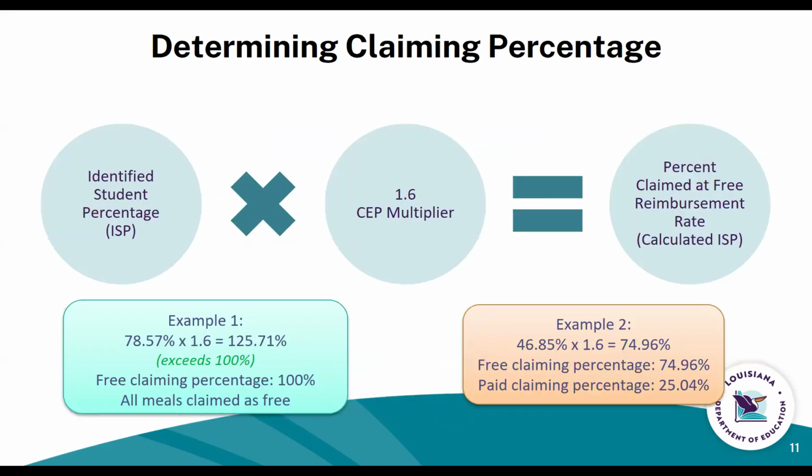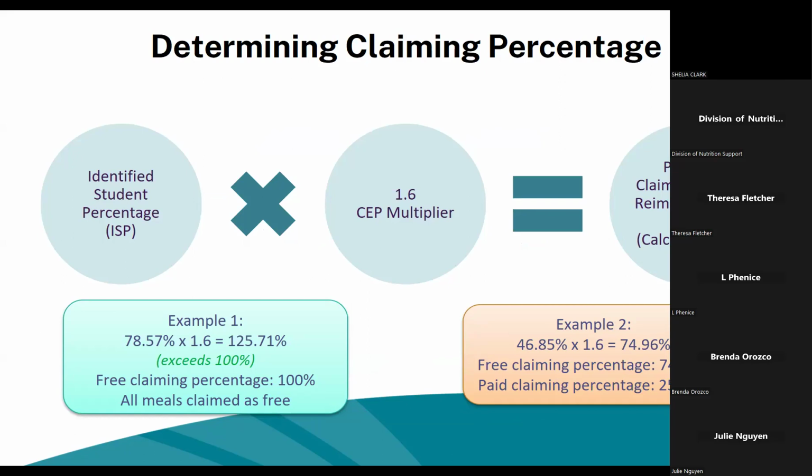All right. So CEP multiplier. So why is it 62.5% or more is reimbursed at 100% free rate? That's because the USDA determined that for every student that's identified, 0.6 more students would be identified if forms were filled out.